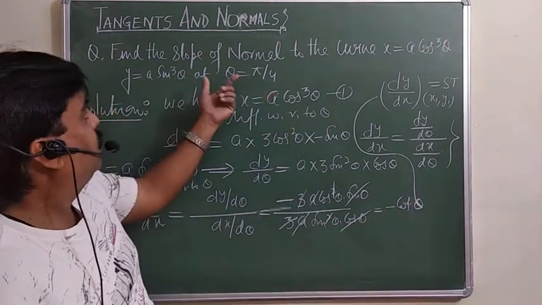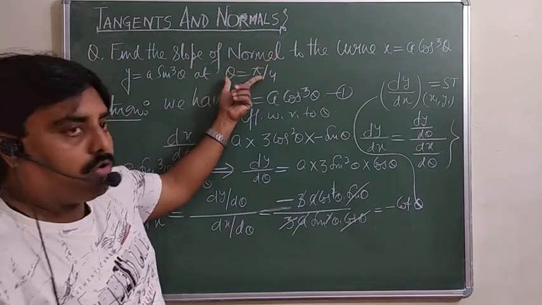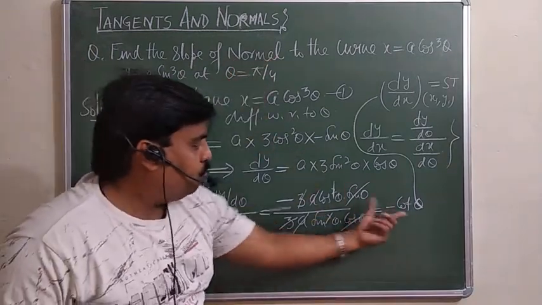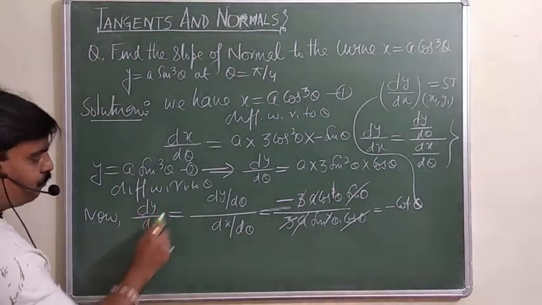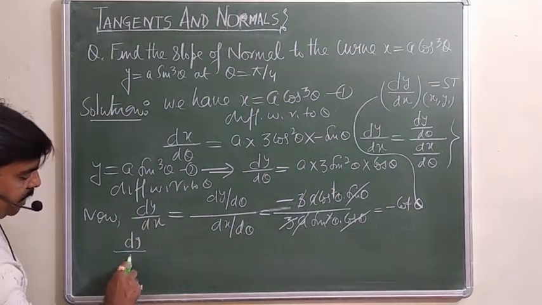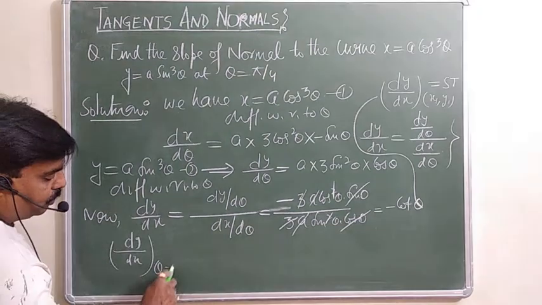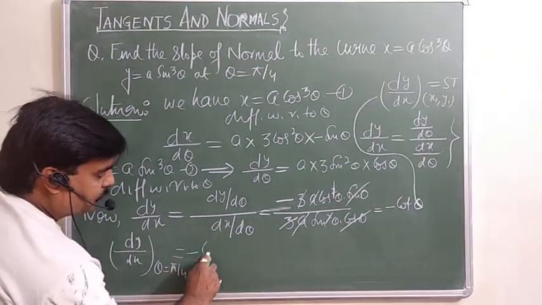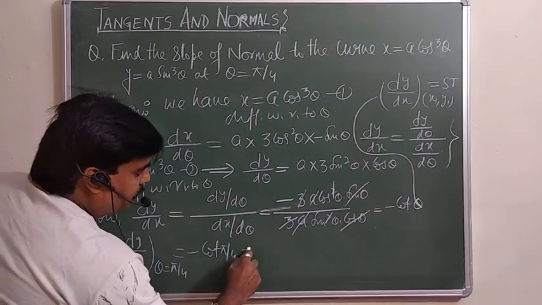But we want to know the slope of the normal at theta equal to pi by 4. So you have to calculate the slope of the tangent at pi by 4 first. So dy over dx at theta equal to pi by 4 is equal to minus tan pi by 4, and this is equal to minus 1.